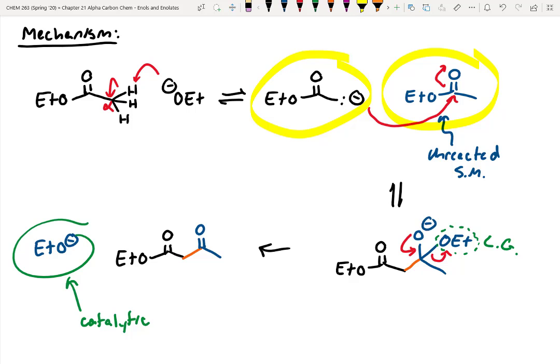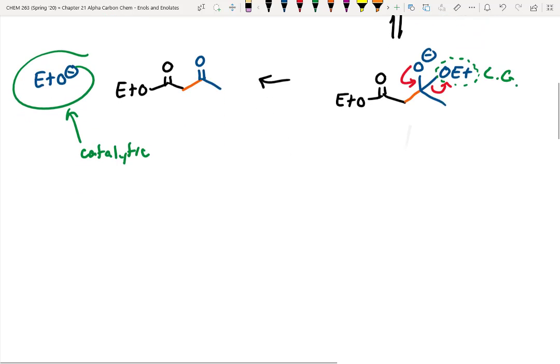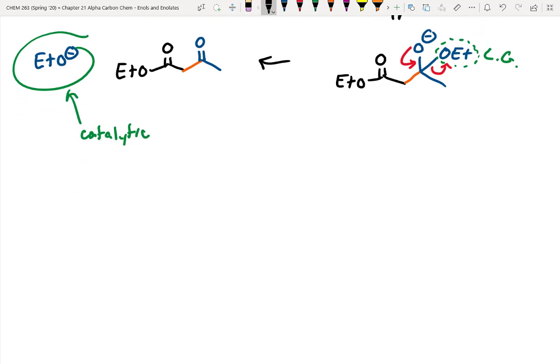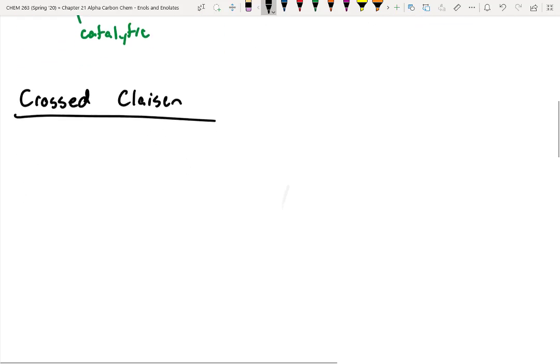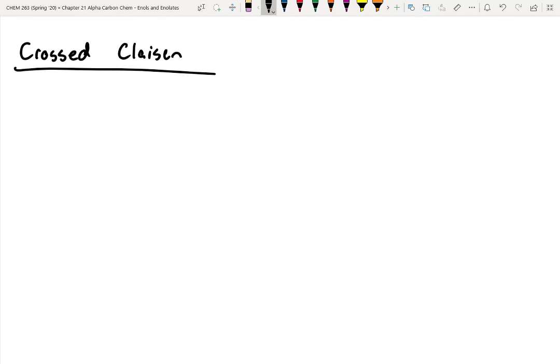We can actually do this in a similar manner with two different starting materials. That's called a crossed Claisen reaction. Let's take a look at how that works. One way you can do this is pretty straightforward, where one of your starting materials is an ester.